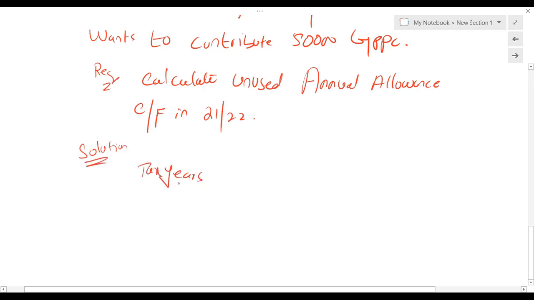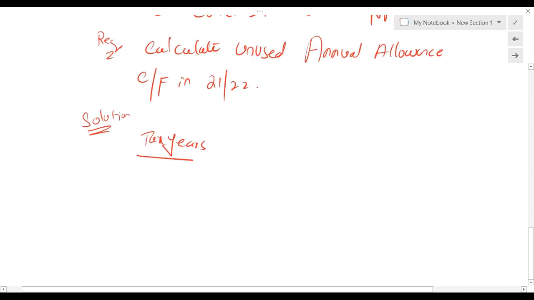Tax years, gross PPC, unused. Number one is 21-22. We have the limit of 40,000 minus 40. I do not have any unused limit.